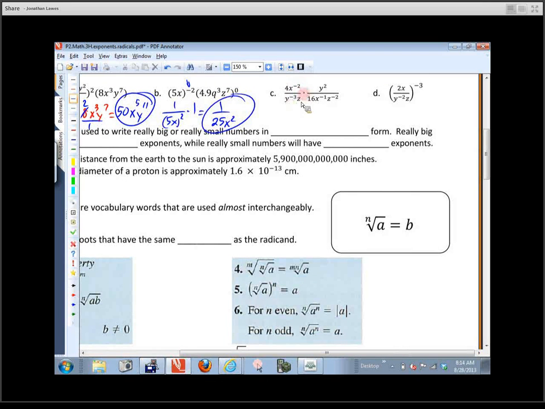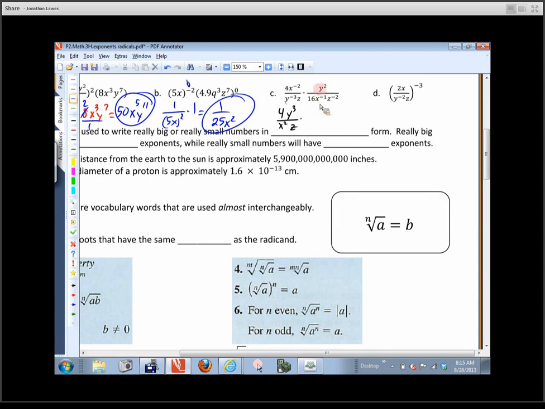What don't we like about the way this first fraction is written? Okay, we've got some negative exponents. If you've got a factor with a negative exponent, you can move it from the top to the bottom and change the sign, or the bottom to the top. So we're going to rewrite this as 4. I'm going to put the x squared on the bottom. I'm going to write the y cubed on the top. And the z is fine, it gets to stay on the bottom.